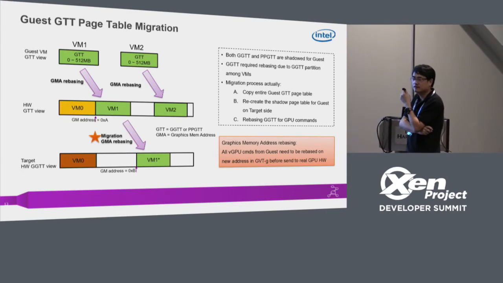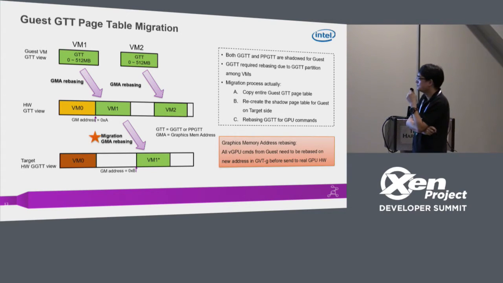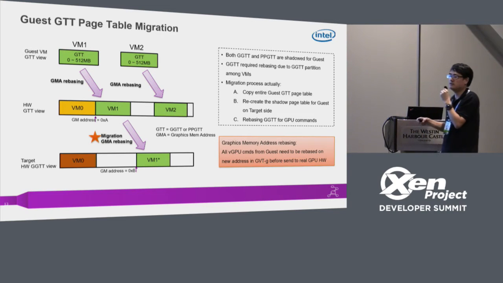So let's say in the GPU page table, it points to some offset of the graphics frame buffer, not from 0 to 512 megabytes. It's a kind of shift to some offset, right? When you move to a different location, do you have to patch that PTE? I don't understand why there is a relation to the PTE.